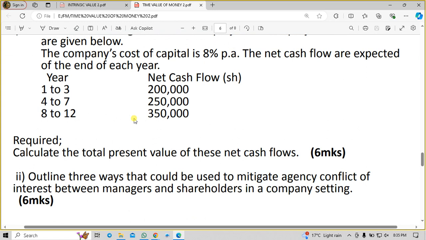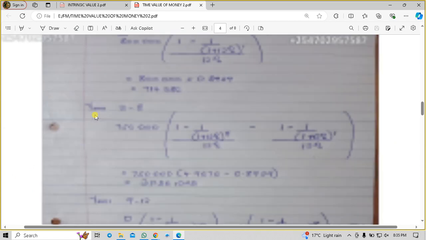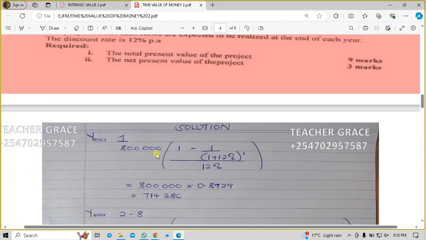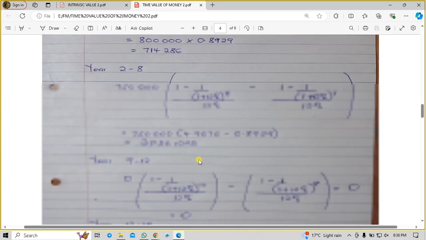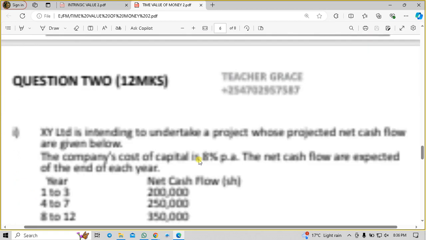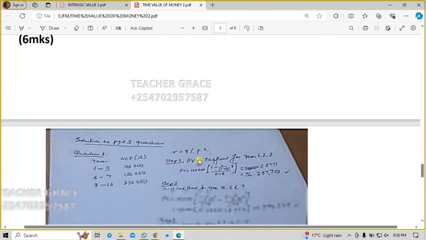The first example, but this one is okay because this one we have several years. 1, 2, 3, 4, 5, 6, 7, 8 to 12. Iko sawa. This one we must change here. Exactly.